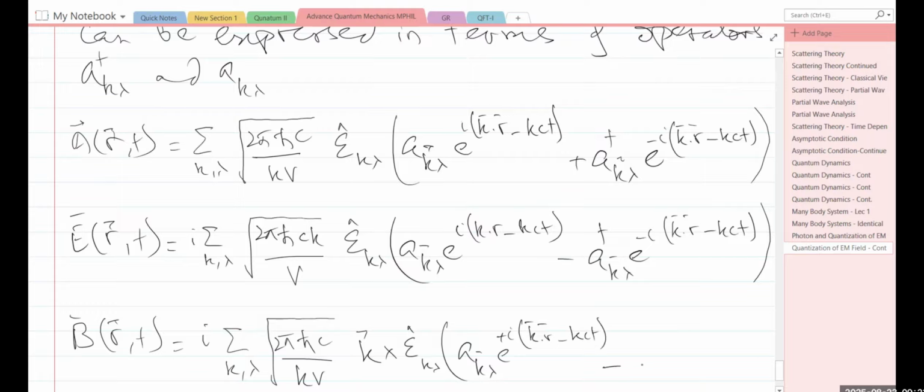Then we have a minus sign, a_k lambda dagger e to the power minus i (k dot r minus k c t), and this whole bracket closes.